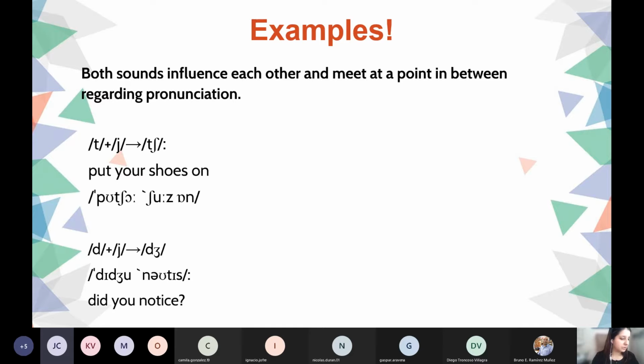So I am going to ask Bastian, can you read the examples, please? Put your shoes on. Now using the coalescent assimilation, please.